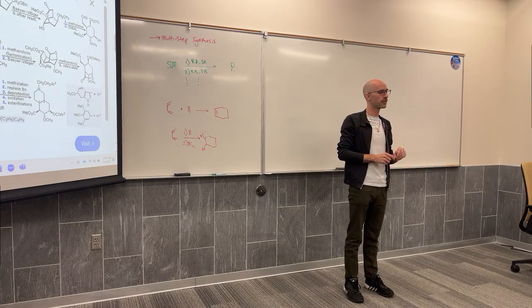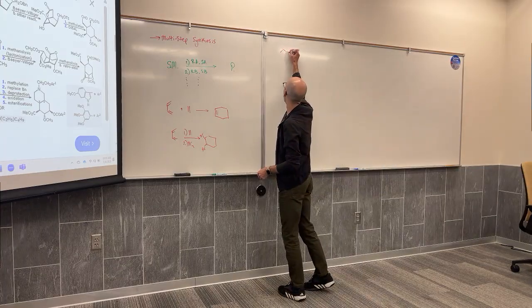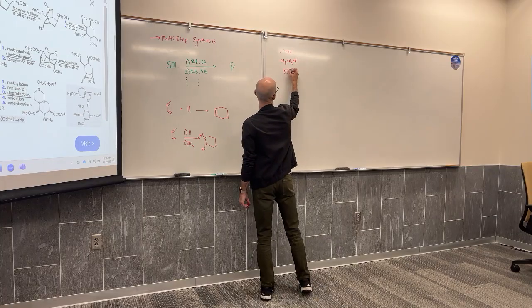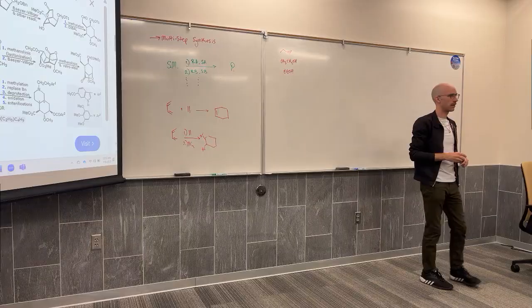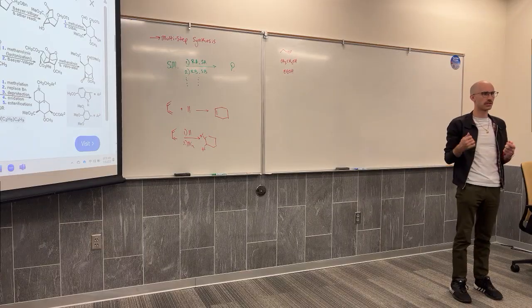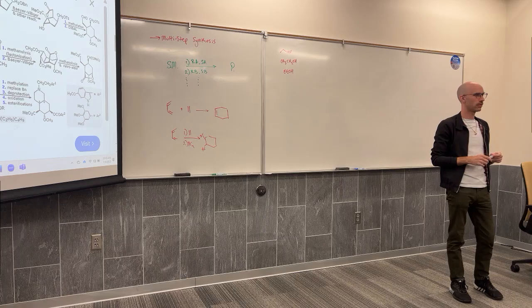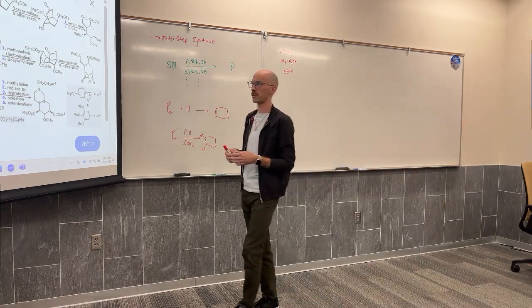Some people use abbreviations, like instead of ethanol being written as bond line or condensed, ethanol can be written as an IUPAC abbreviation, Et meaning ethyl, OH for the alcohol. So you can see all these sorts of variations.